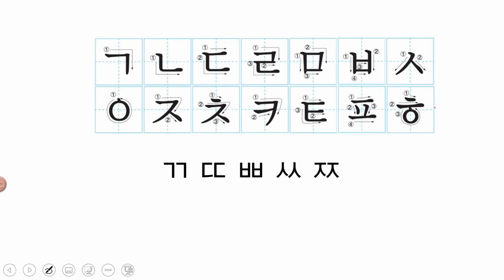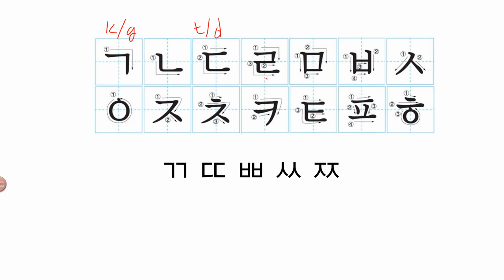Let's review. What sound does this make? It makes g. In the initial position, it makes a K sound, but mainly a g sound. The second consonant is an N sound. This one is d, but it also makes a T in the initial position.